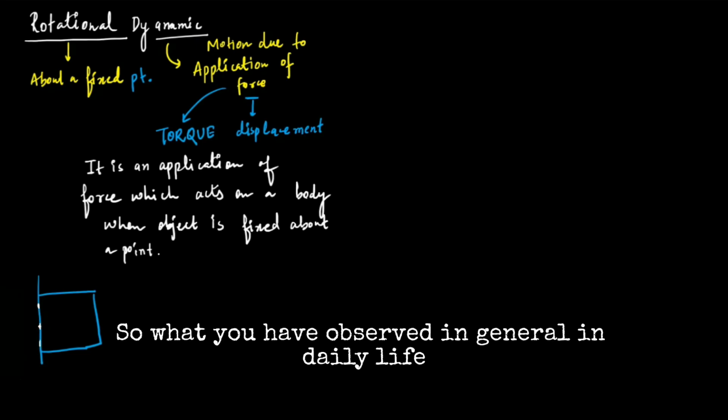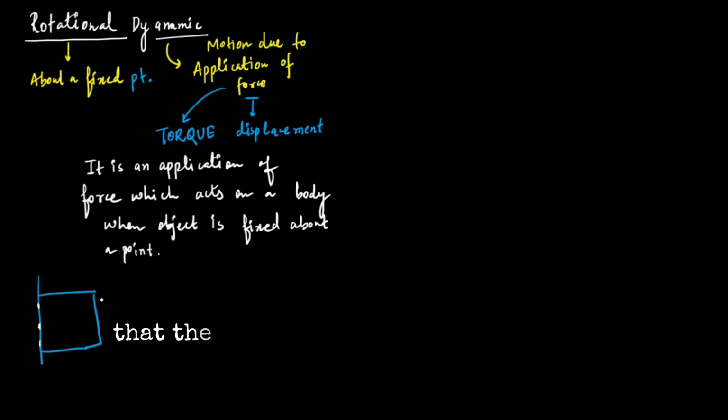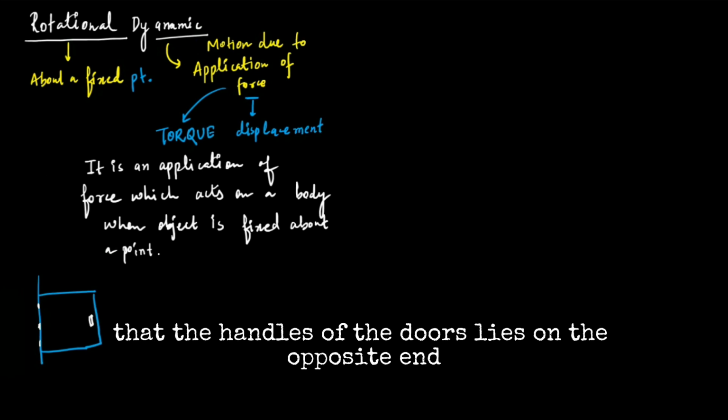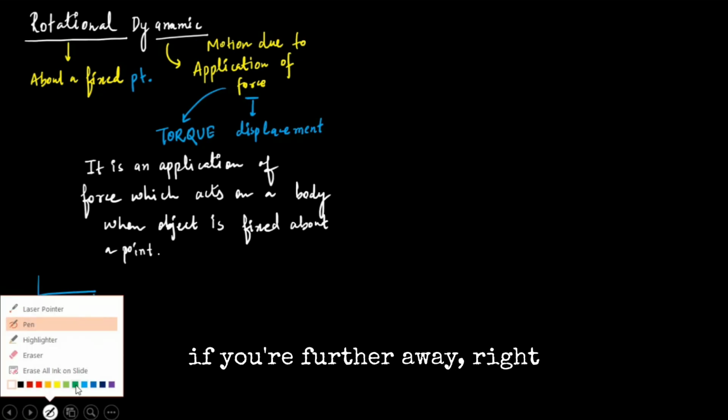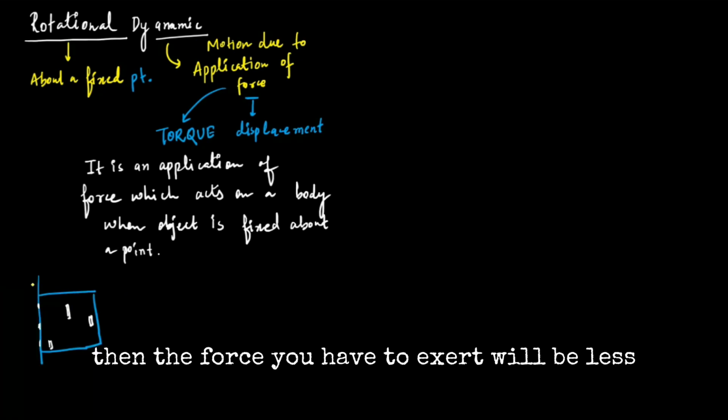What you have observed in daily life is that the handles of doors lie on the opposite end. Why don't they lie in the middle or close to the hinge? Because if you're further away, the force you have to exert will be less.